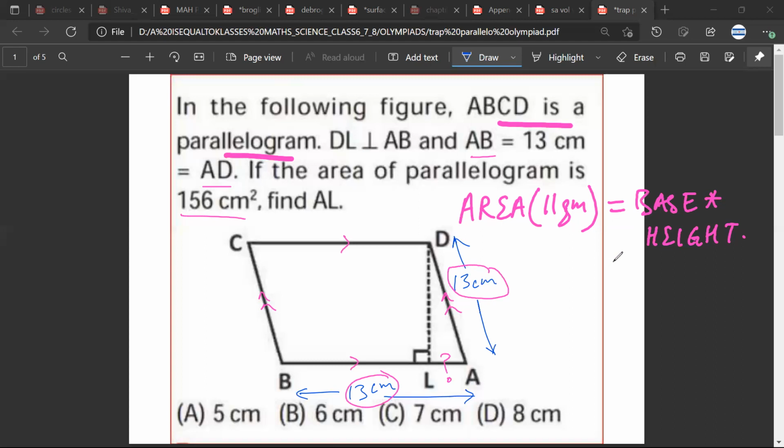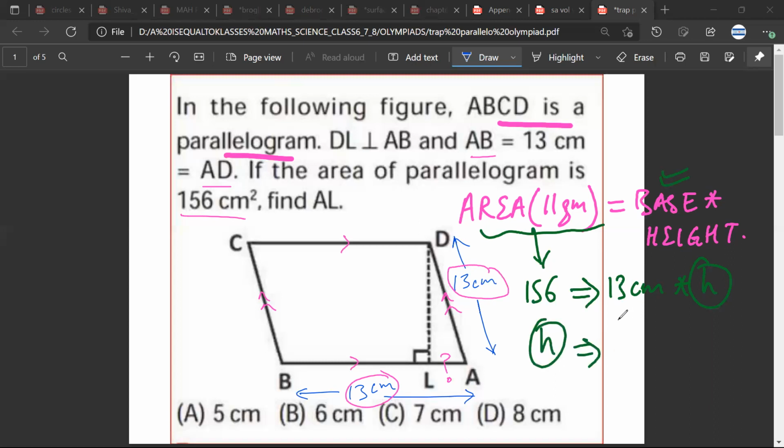Sir, 156 centimeters. Do we know the base? Yes, sir. 13 centimeter. So can we find the height? Yes, sir. So the height will be 12 centimeter.